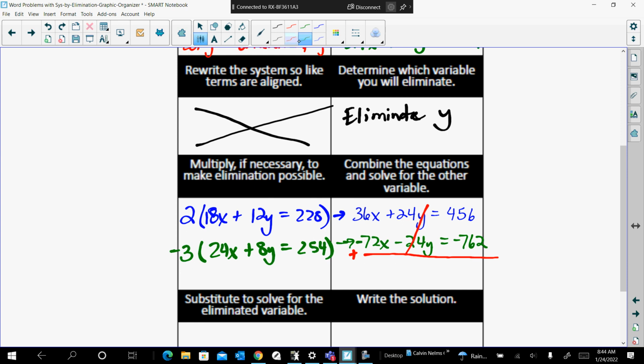Sorry. All right, so when you add to eliminate the y, you're going to be left with negative 36x equals negative 306. And then when you divide it by negative 36, oh, I think I got disconnected, sorry. You should get 8.5.